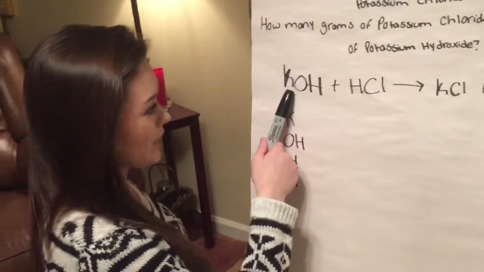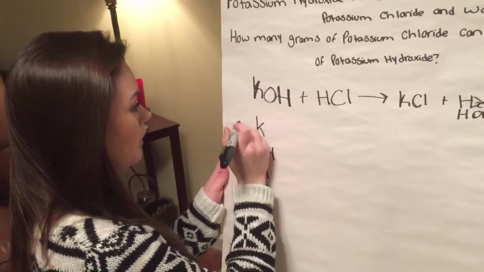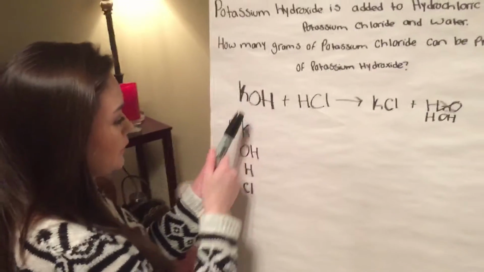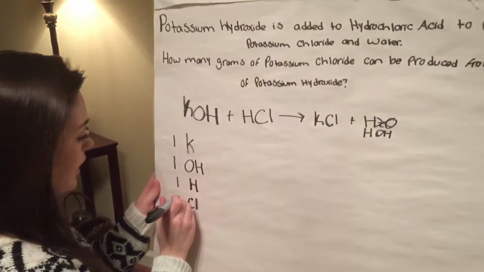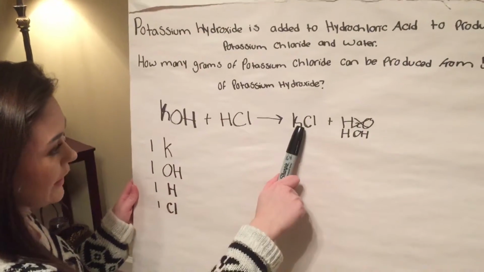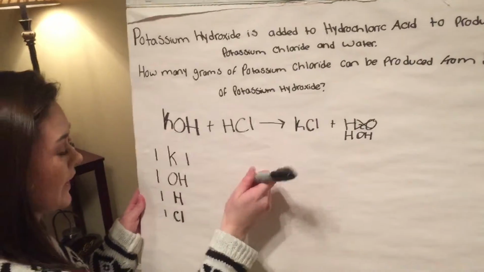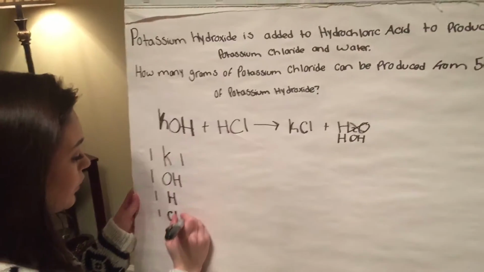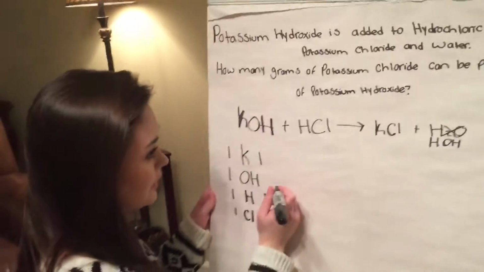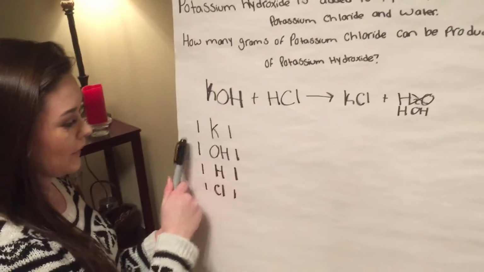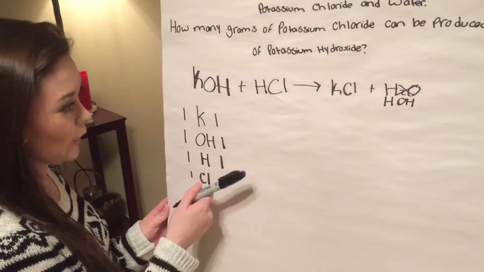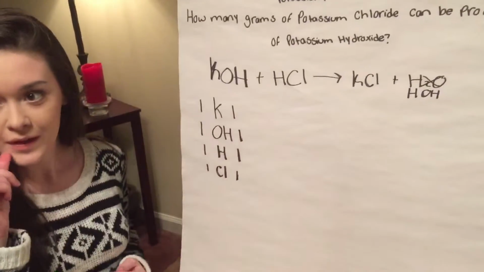On this side of the equation we see we have one potassium, one OH, one hydrogen, and one chloride. On this side, we have one potassium, one chloride, one hydrogen, and one OH. Because they each have one on each side, this equation is balanced as is.